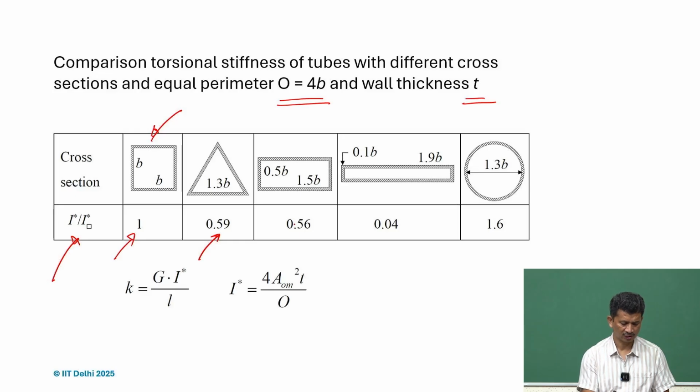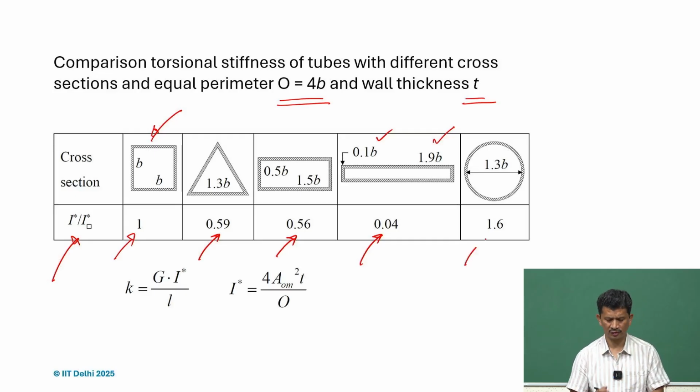If it's rectangular, 0.5 B and 1.5 B, it has further reduced. If it's longish, say 0.1 B and 1.9 B, it has reduced to 0.04. But if we take a circular tube, that gives us the best result, which is 1.6 times.